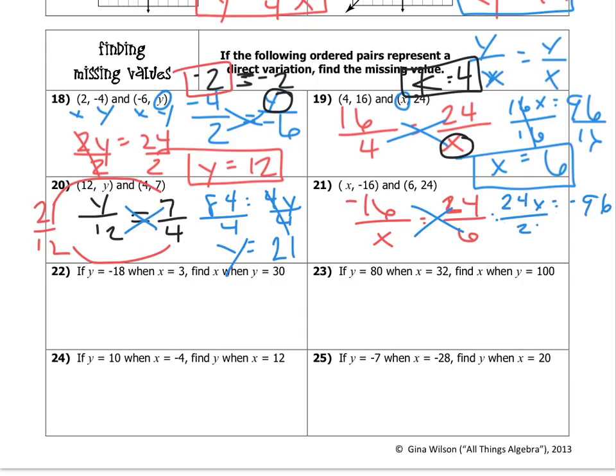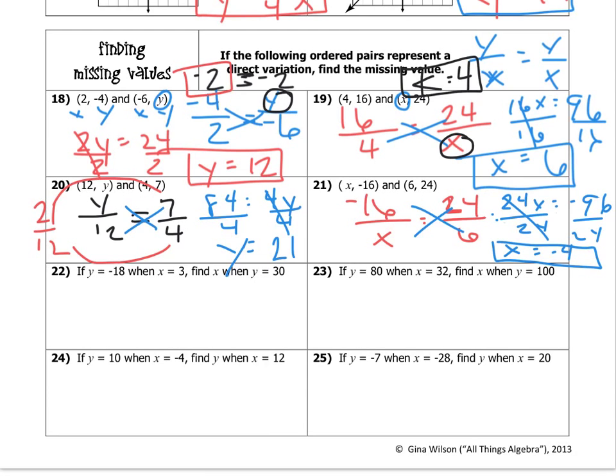Divide both sides by 24, and we get x equals negative 4. So then 24 divided by 6 is 4. Negative 16 divided by negative 4 is a positive 4. So right there, those are your direct variations.